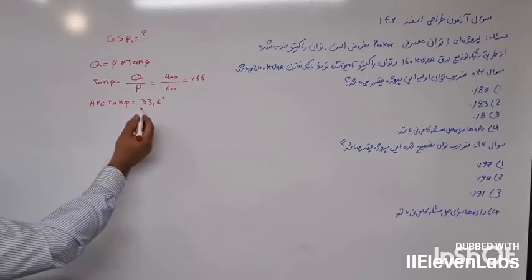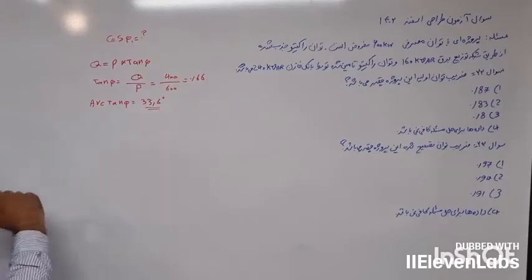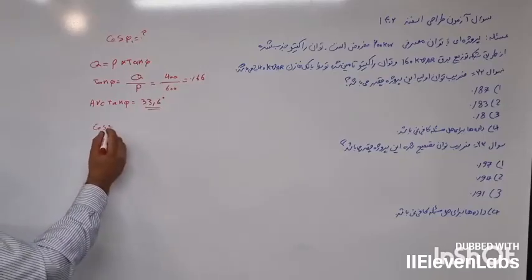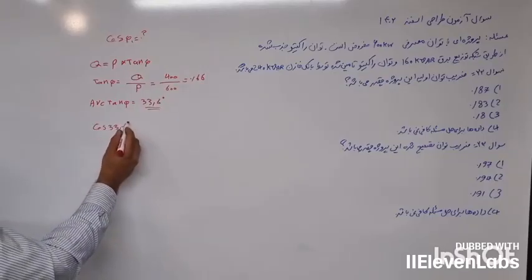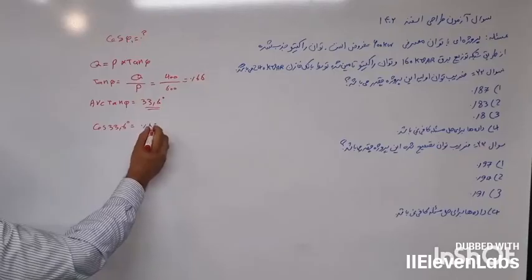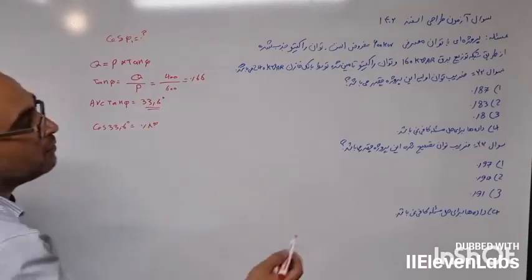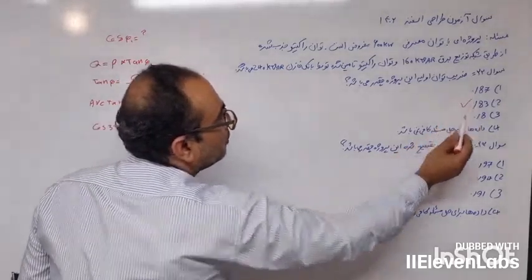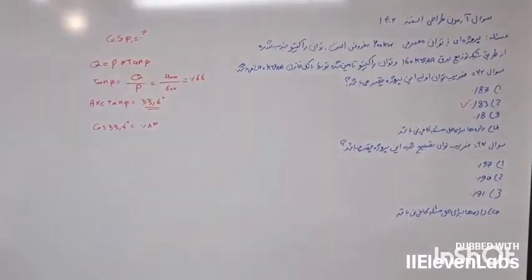Well, the angle became 33.16. The cosine of 33.16, if we calculate it, becomes 0.83, so option 2 is determined.